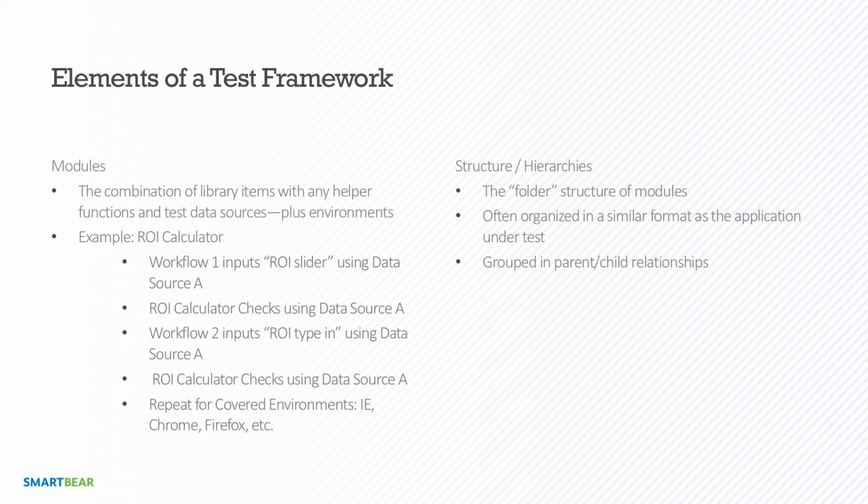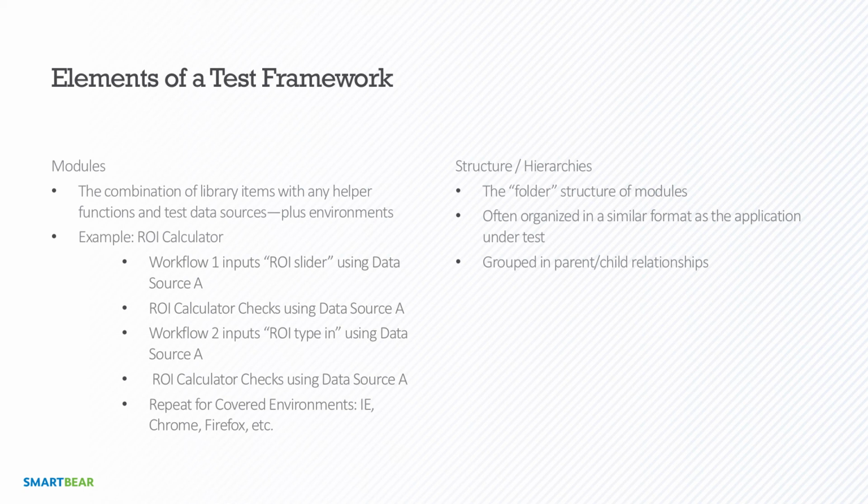This is just the combination of your library items with their helper functions, plus the test data sources, plus running it all in environments. Modules are how you're able to track things back more easily. Usually, people will start with trying to trace a defect to the workflow you're trying to go through, and then back to the requirement that workflow is meant to capture.